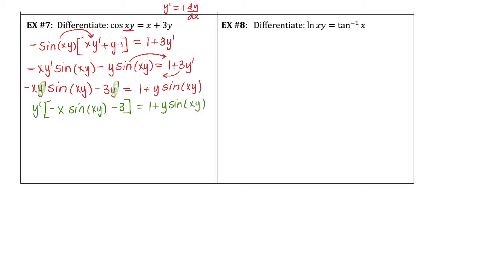All right, and then we'll divide. So we have y prime equals 1 plus y sine of xy all over negative x sine xy minus 3.